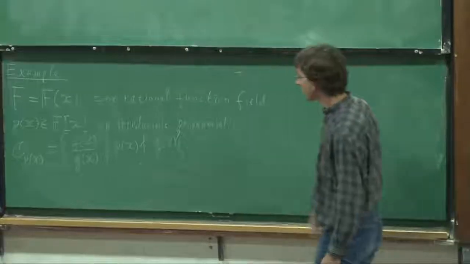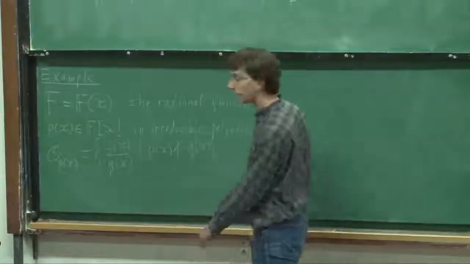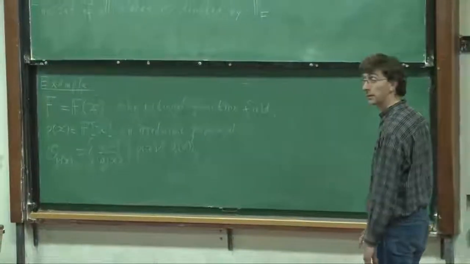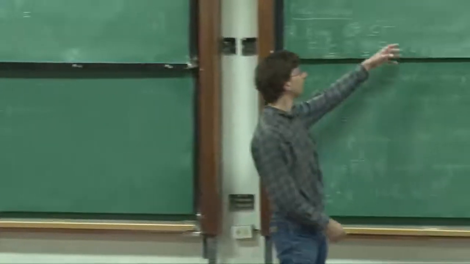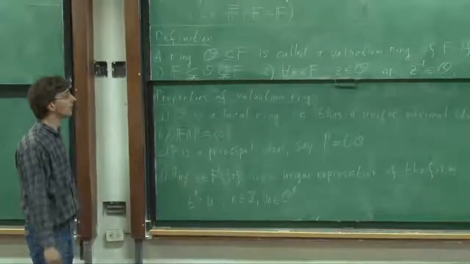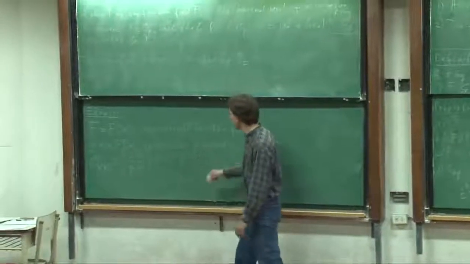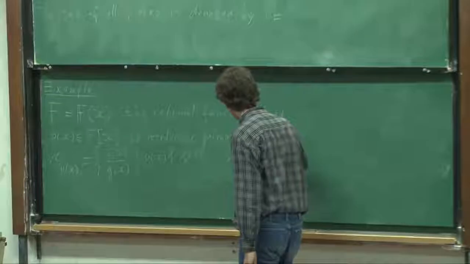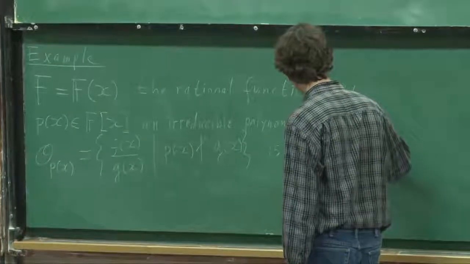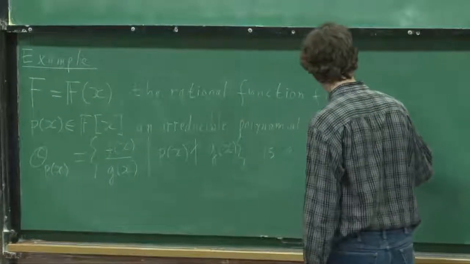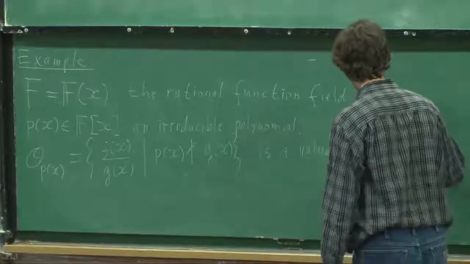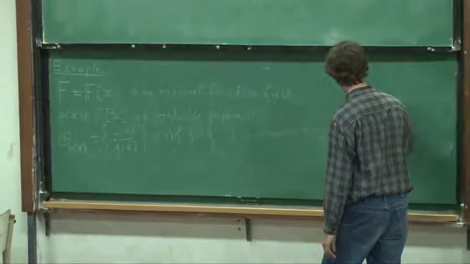Now leave it as an exercise that this is a ring, and also that it satisfies these conditions on a valuation ring. It's not difficult at all. So this is in fact a valuation ring of the rational function field.